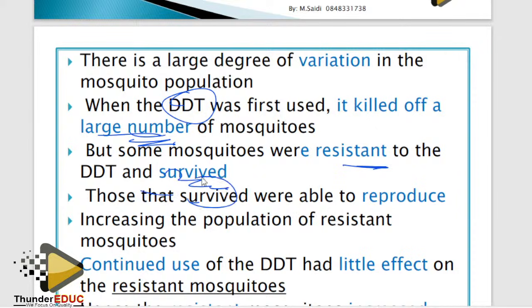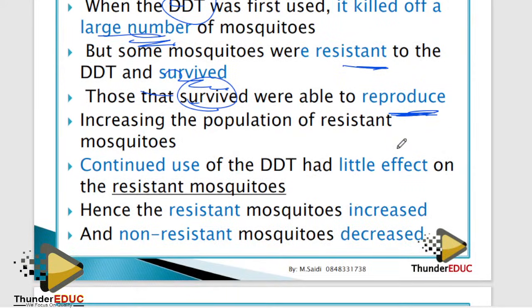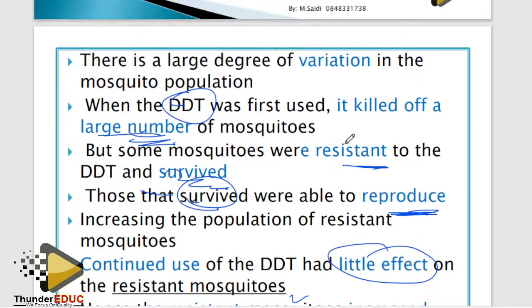Those which survive reproduce in large numbers and increase the population of resistant ones. Continued use of the application, whether ARVs or DDT, will have little effect on those organisms, in this case mosquitoes. It could be bacteria or virus. Hence, the resistance of mosquitoes has increased. It's not a big deal, but please know how to apply it.